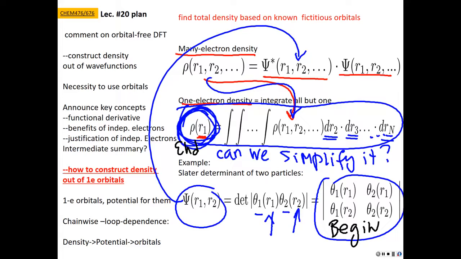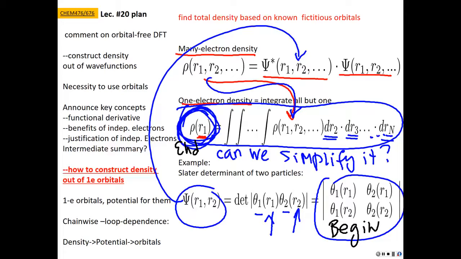Taking this one and this one: theta 1 R1, theta 2 R2, star, theta 2 R1, theta 1 R2. This has a minus sign.